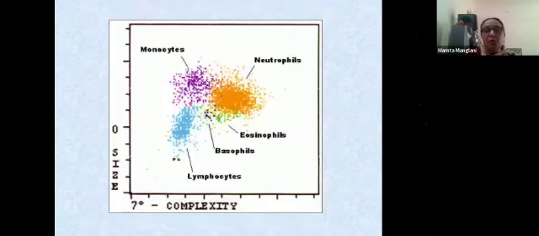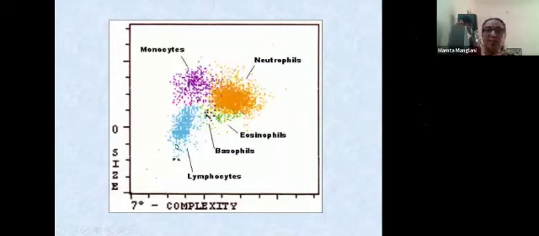So this is how on the scattergram, you will get the lymphocytes, monocytes. Now this is the complexity of the cell, and this is the size of the cell. So based on the size, it will come on the higher axis, and based on the complexity, it will come on the right side. So most complex are eosinophils, and they are also quite large, but neutrophils also fall in a similar pattern.